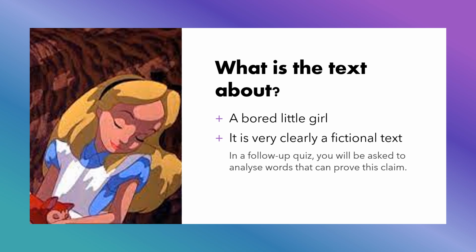Okay, so at the moment, we know that it's a bored little girl. She has nothing to do. She takes a peek every now and then at her sister's book because she's bored and she's hoping for some kind of entertainment. And then she's annoyed because there aren't any pictures in the book. And so the book is boring to her.